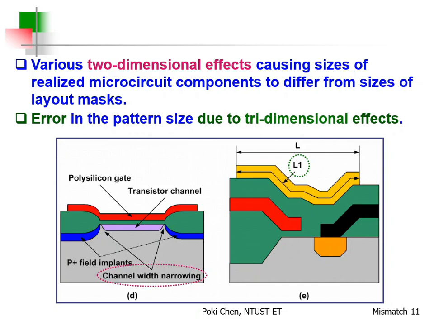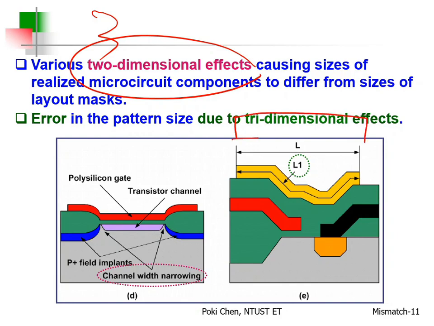For your layout, they are only 2-dimensional. But for chip structure, actually they are 3-dimensional. What I'm talking about is, for example, you do a layout according to bird view, right? So what is the length? This. That is the length you imagine during layout.